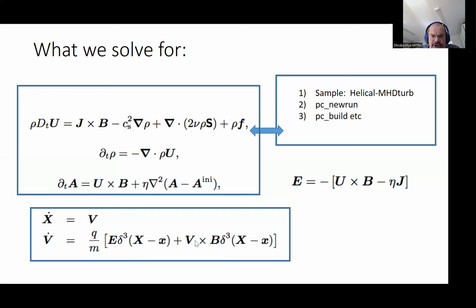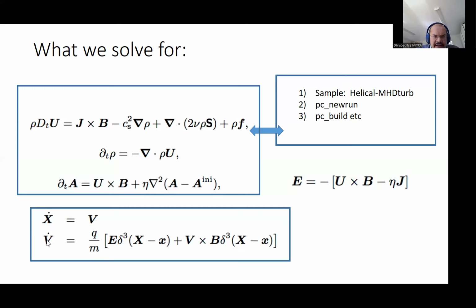If you want to just solve for inertial particles in a flow, then the right-hand side will be what in the Pencil Code we call dust. There is a huge amount of work on the dust, and there are different dust modules that you need to look at and so on. At the end of this, maybe that will also be clear to you.